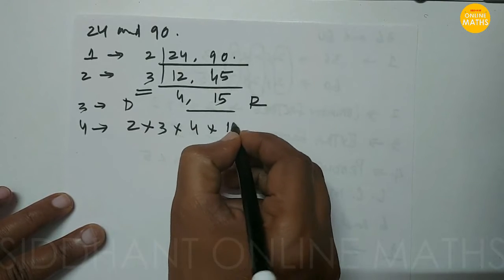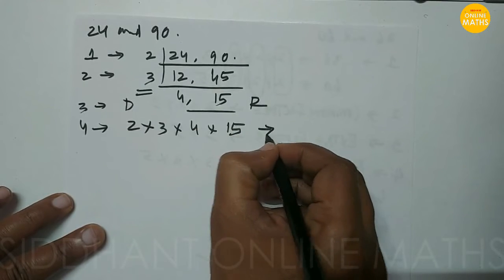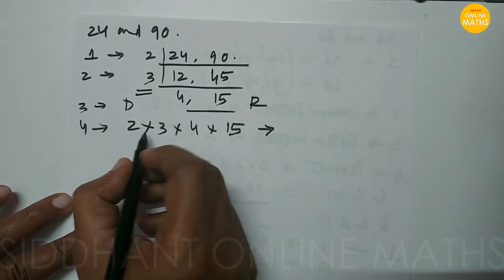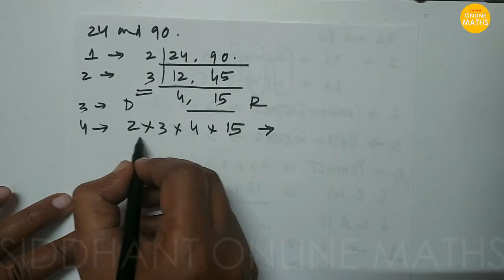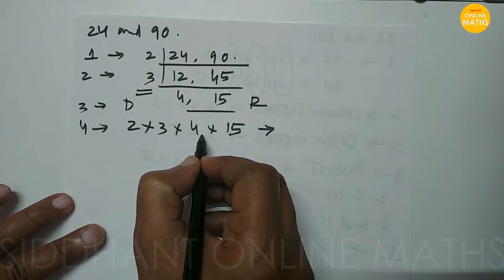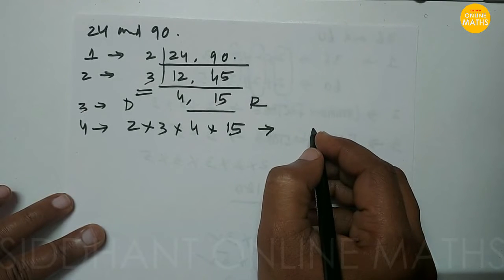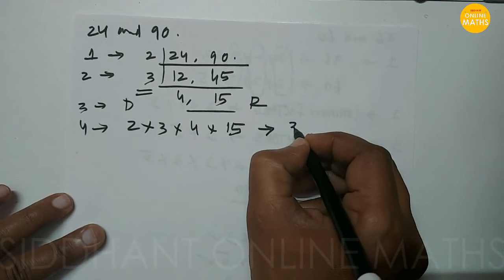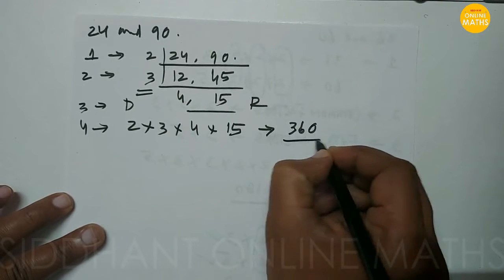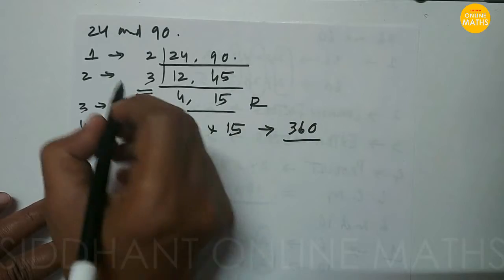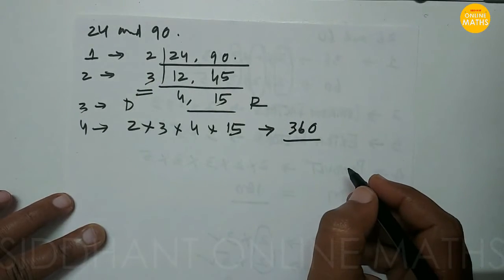So 2 into 3 is 6, 6 into 4 is 24, and 24 into 15 gives 360. So this is the LCM of 24 and 90.